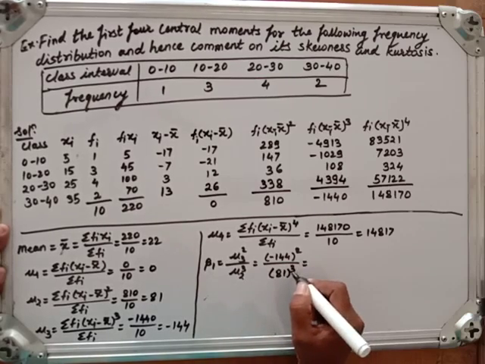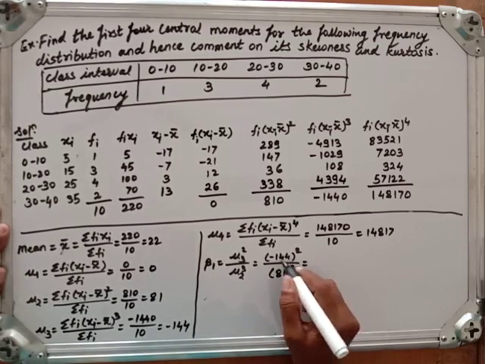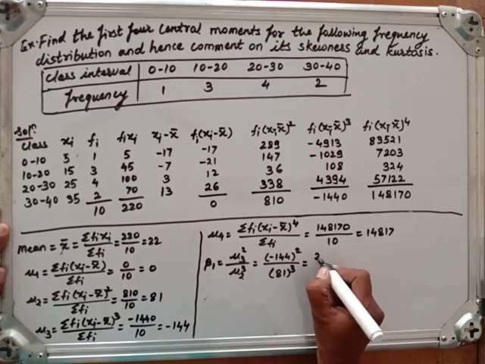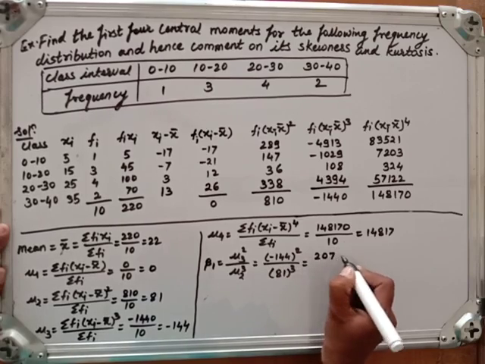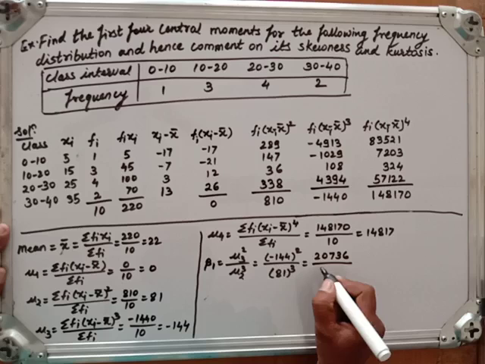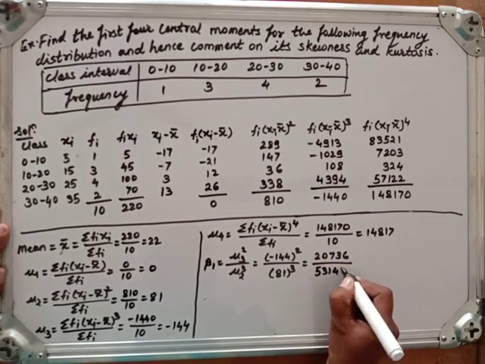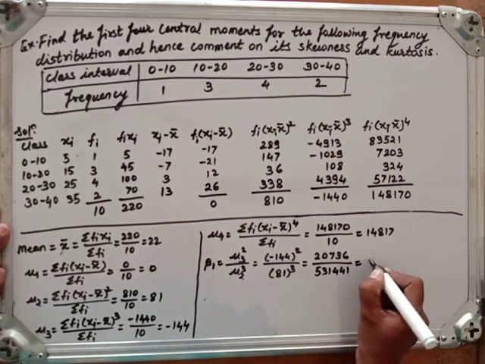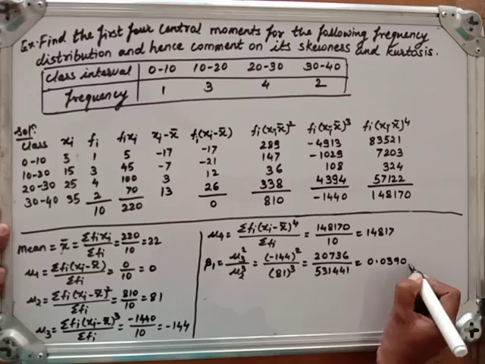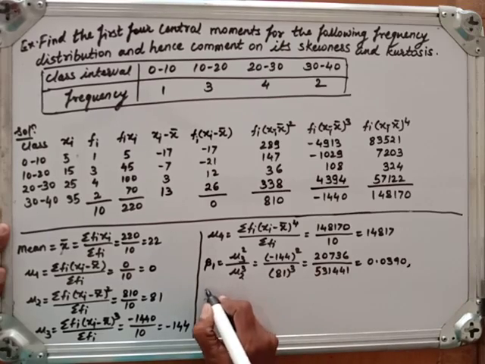Obviously this is mu2 cube, this is positive, this is also positive. So here this will be 20,736 and this cube will be 531,441. This is 0.0390.